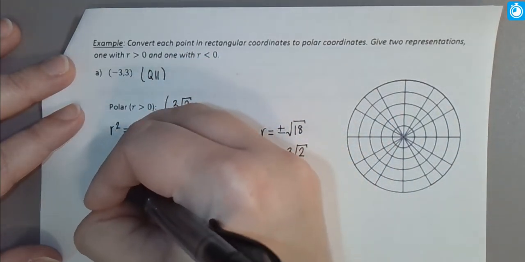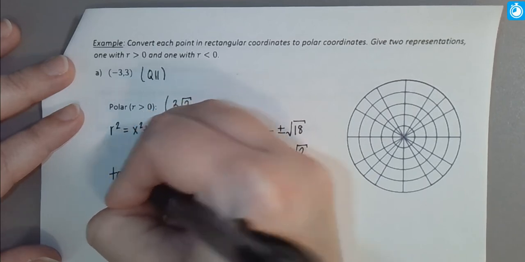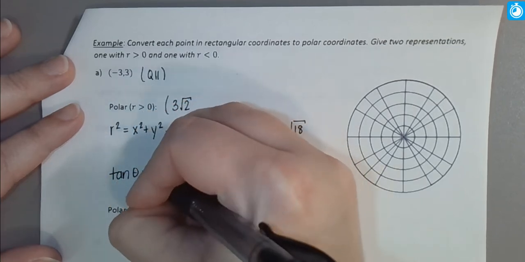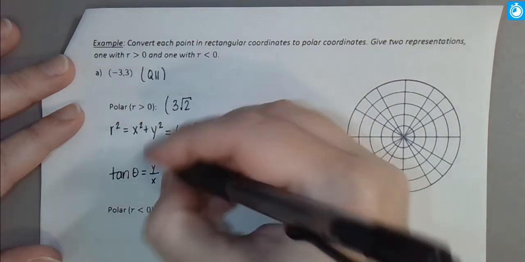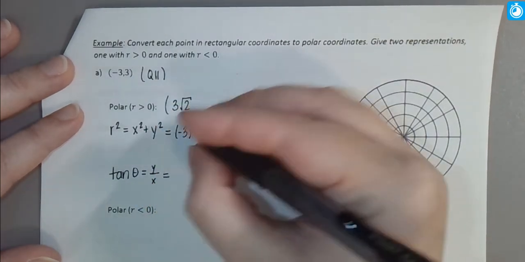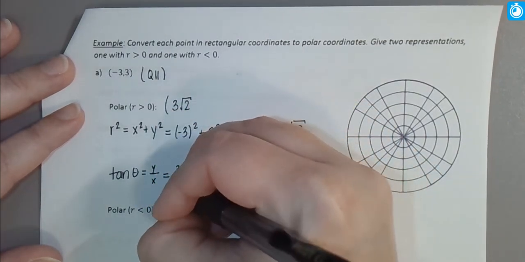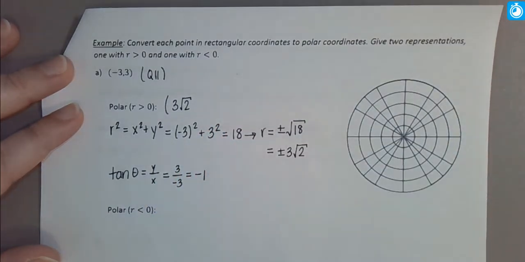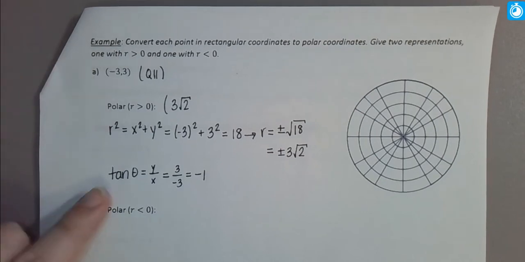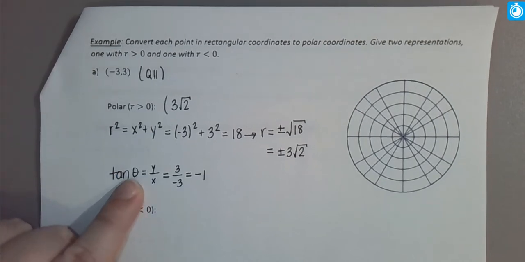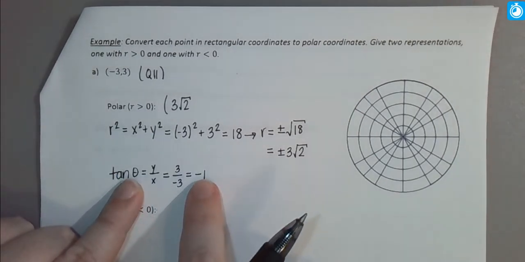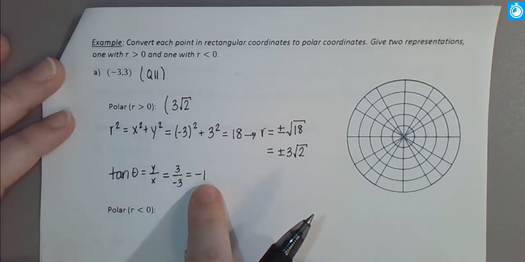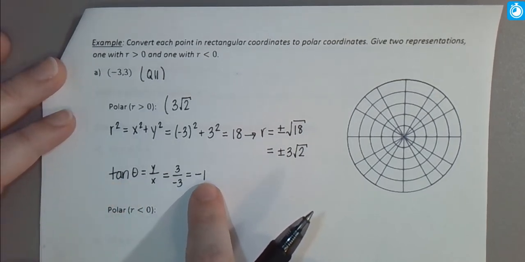So our relationship for theta, we know that the tangent of theta is equal to our y-coordinate divided by our x-coordinate. Well, in this case, our y-coordinate is 3. Our x-coordinate is -3, which reduces to -1. So the tangent of our angle, whatever that angle happens to be, is going to be -1. Now, there are different locations within the unit circle where we end up with a tangent of -1.